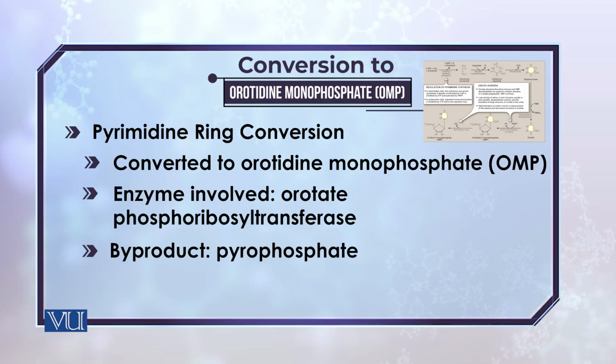This is then changed into orotidine monophosphate under the action of orotate phosphoribosyl transferase. From OMP, you eventually end up with what you actually want, not only the pyrimidine base but the pyrimidine nucleotide, that is UMP, uridine monophosphate.